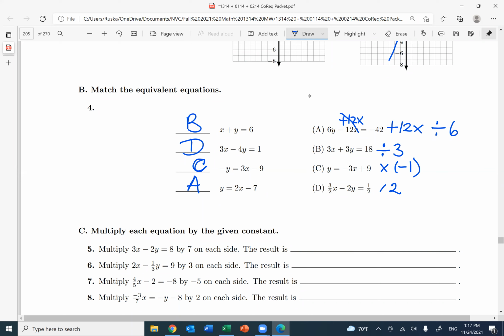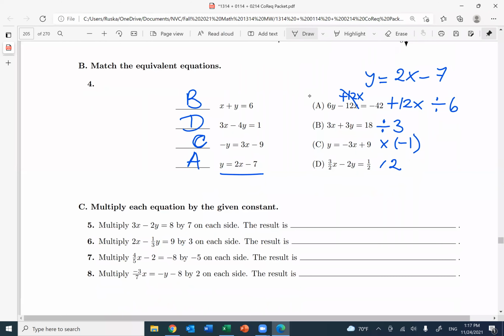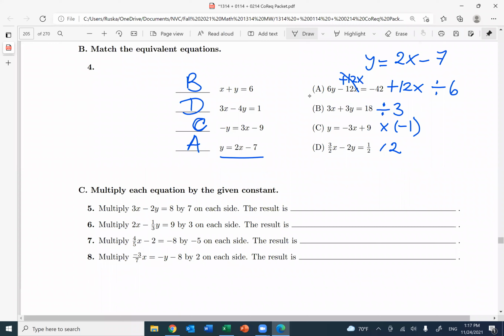So when I divide by 6, 6 divided by 6 is y, 12 divided by 6 is 2x, and then minus 7. So that's how we get the one here at the bottom. Okay, so that's how you match them. You have to be able to move terms from side to side, multiply the equation by a number, or divide by a number. Okay.